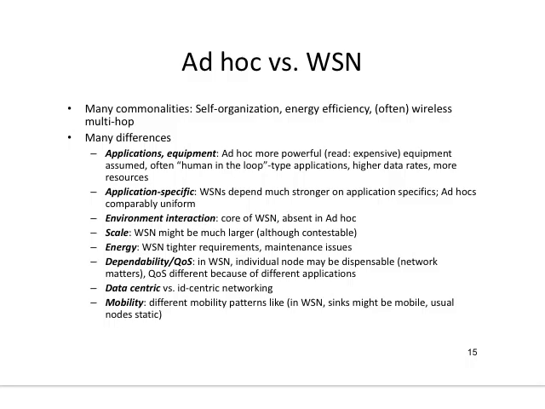If it's a sparse network, then I need a long range of communication. If it's a dense network, then I can probably use short range, like Bluetooth or something like that. So the whole thing changes. So when it comes to wireless sensor networks, no one size fits all.